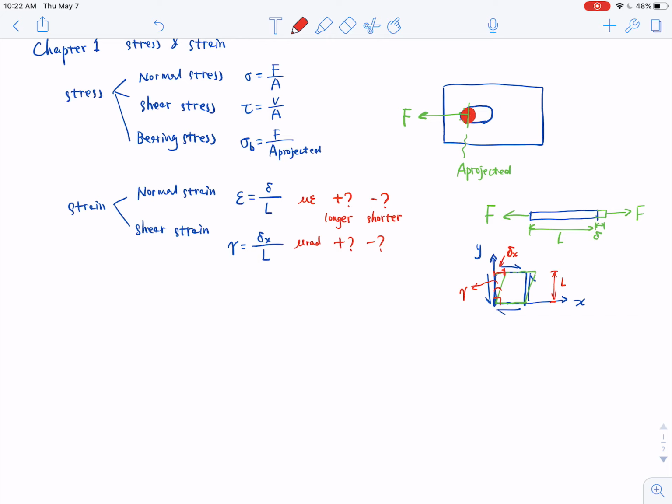When the angle between x and y becomes larger than 90 degrees, it will be what? Negative, okay?